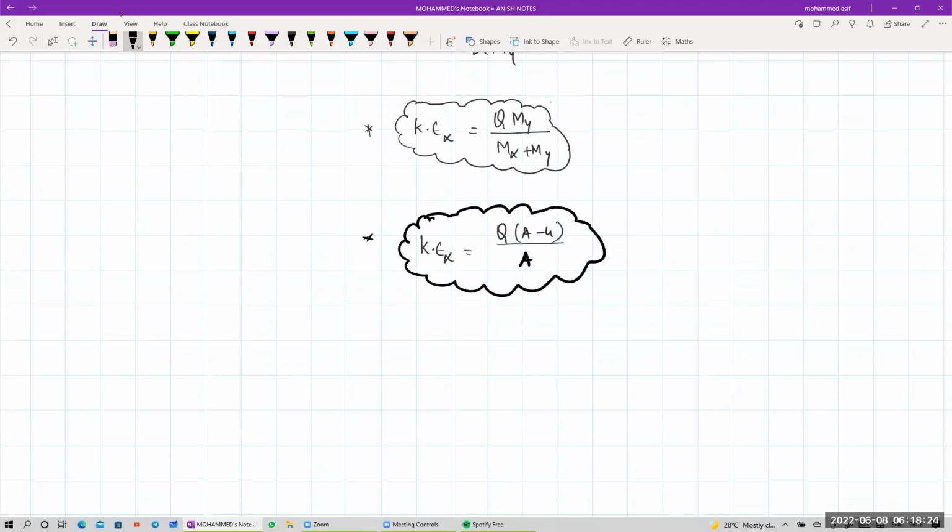Very important relations. Kinetic energy of alpha particle is Q into mass of Y divided by mass of alpha plus mass of Y, or else Q into A minus 4 divided by A. Clear? Any doubt in this one?